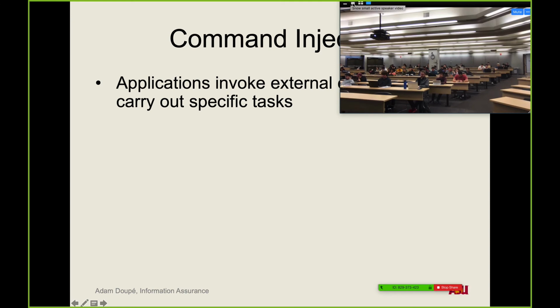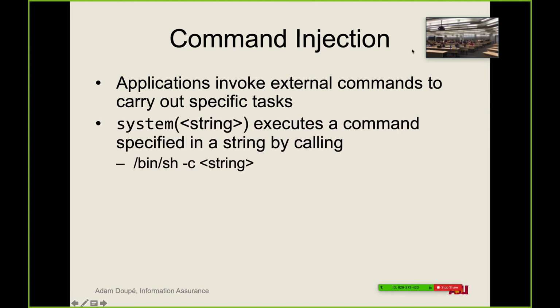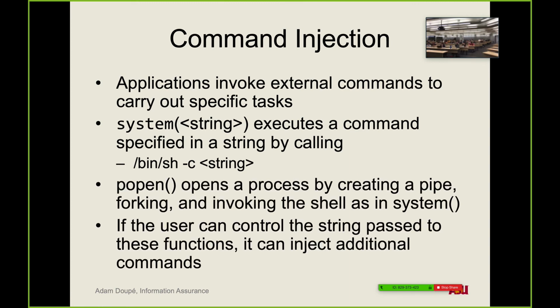What if we had a system call, even with something like /bin/cat hard-coded, but the file parameter was attacker controlled? As we saw, system executes by calling /bin/sh -c and then whatever string you pass to it. popen does this similarly.